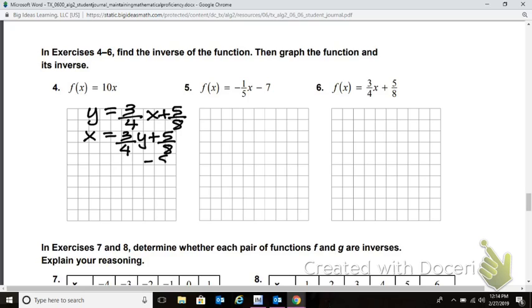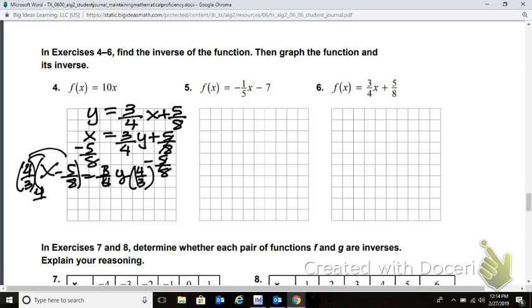We need to subtract 5/8 first. Okay, again, we need to divide that fraction, so that means multiply the reciprocal on both sides. So on the right it cancels, on the left you distribute.